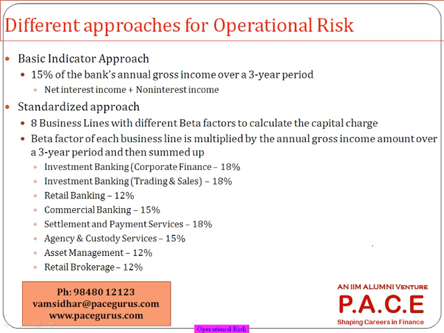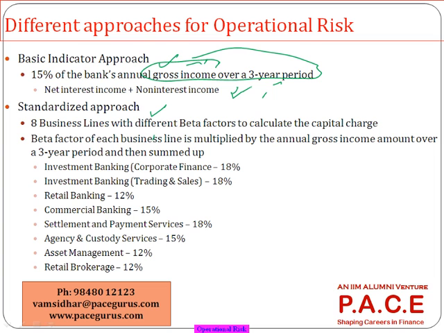The first 2 are very straightforward approaches, the first one being the basic indicator approach. You compute the annual gross income of the bank over the last 3 years, which is nothing but interest income as well as non-interest income for the bank.